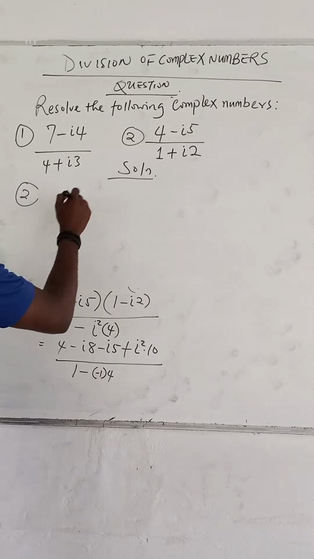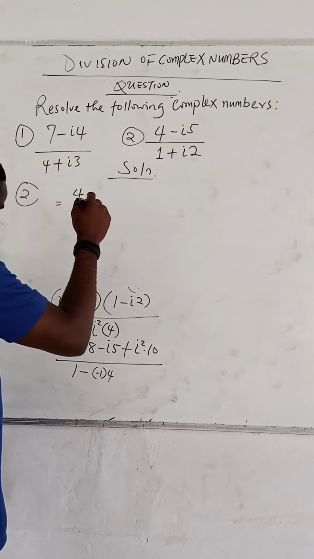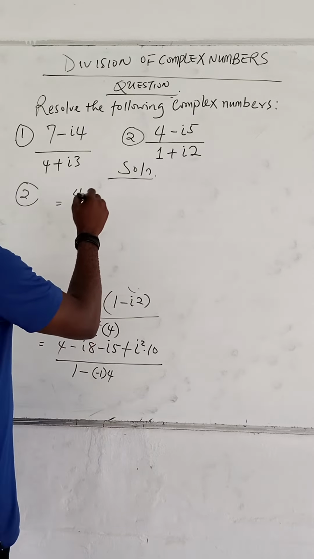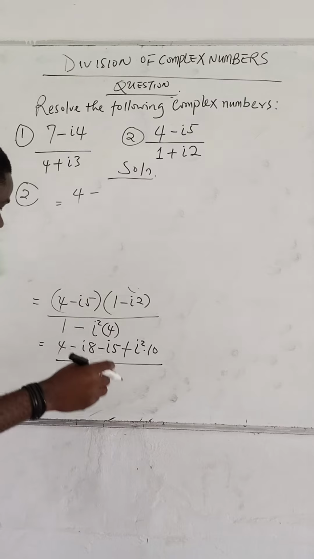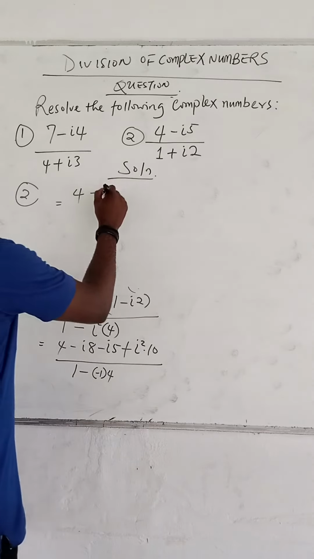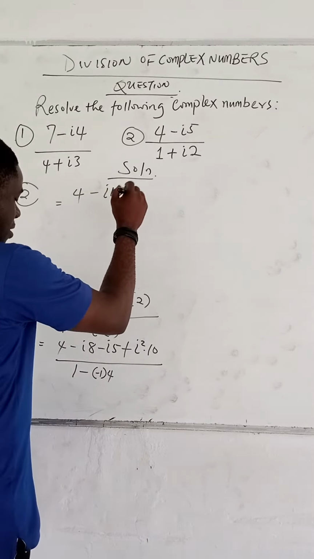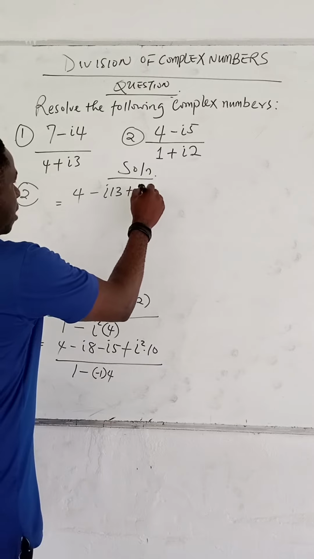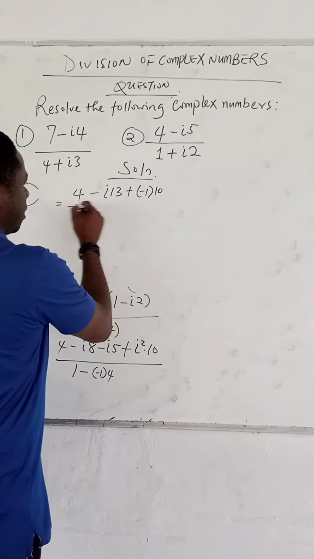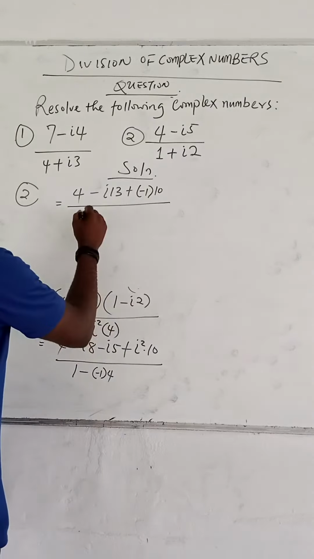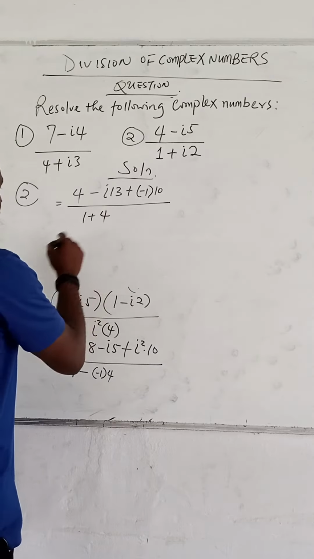Then we continue the solution here. So this becomes 4 minus I13 plus minus 1 times 10, all over 1 plus 4.